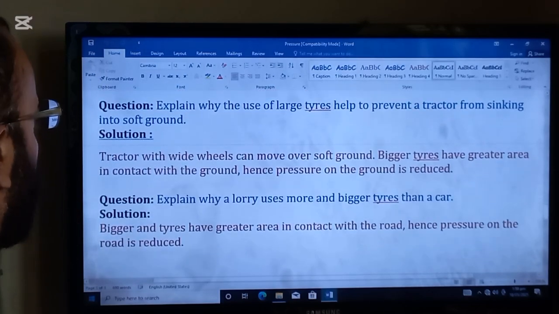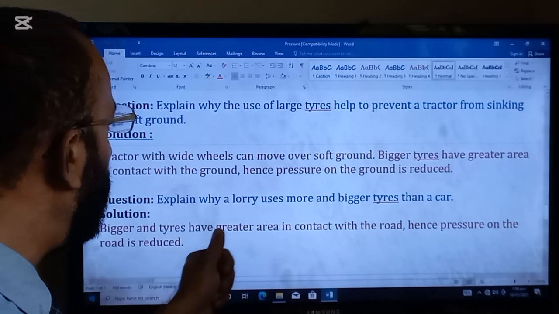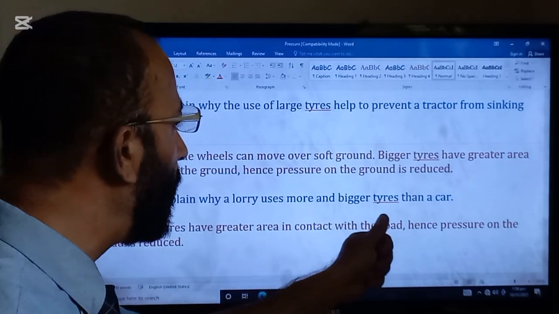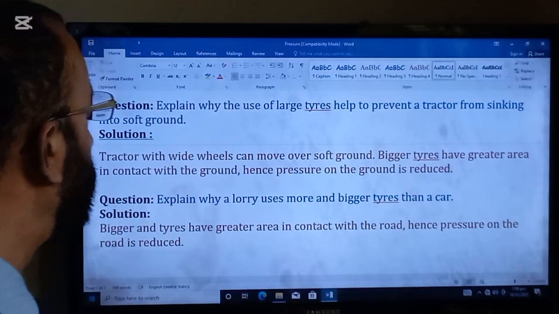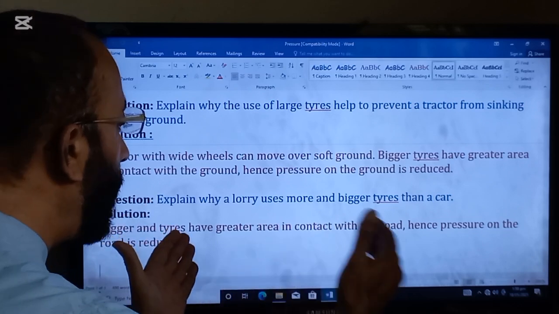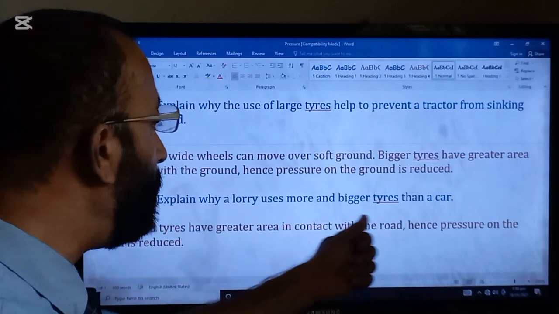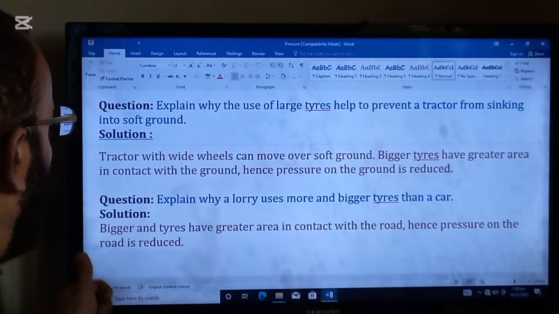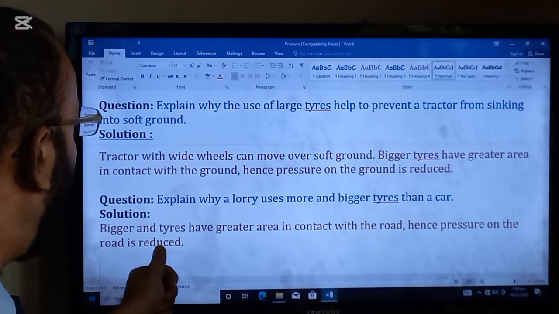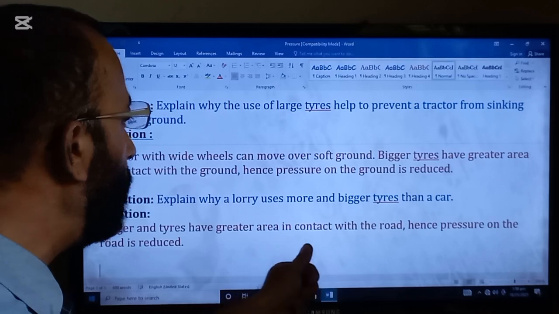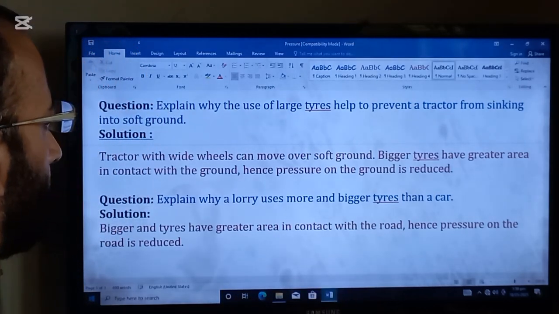And another question is here. Explain why a lorry uses more and bigger tires than a car. Because a lorry normally carries more load than a car. That's why more and bigger tires are used. So bigger and more tires have greater area in contact with the road.